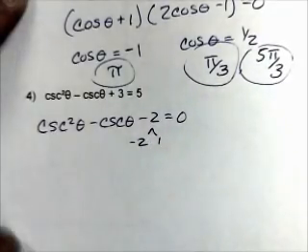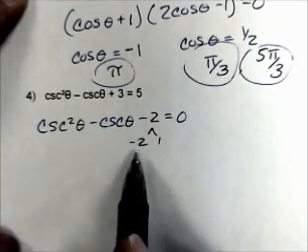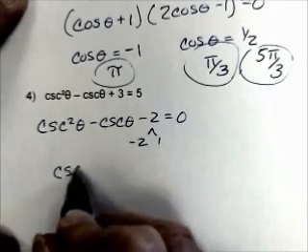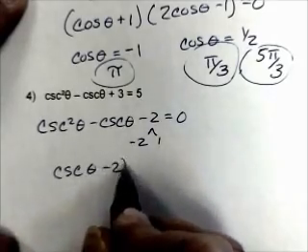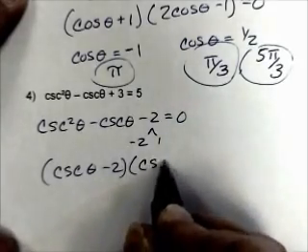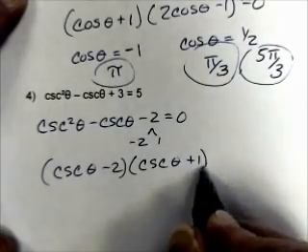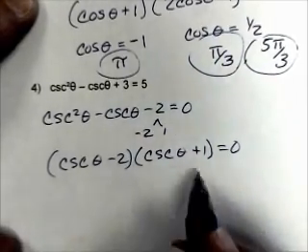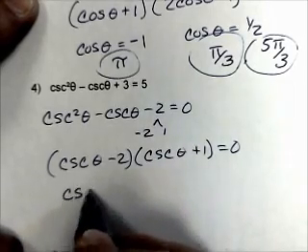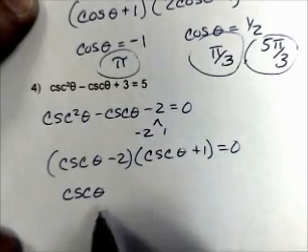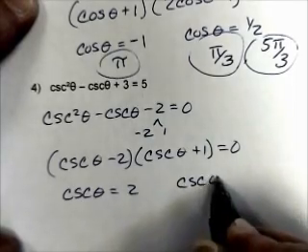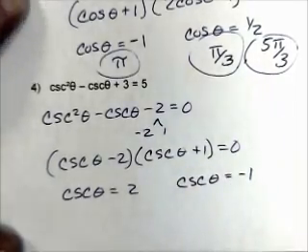That lead coefficient was 1, so we were able to go right to the constant there and find those factors. So cosecant theta minus 2 times cosecant theta plus 1 equals 0. Set each equal to 0 and solve. Cosecant theta equals 2 and cosecant theta equals -1.